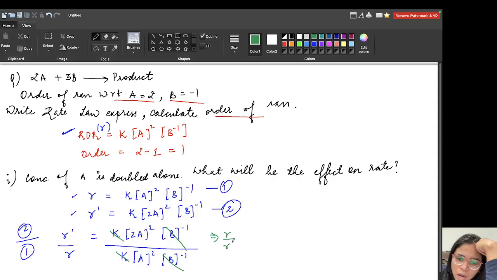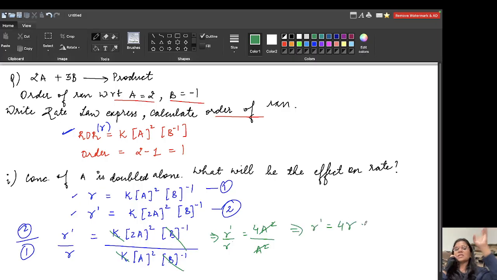So R dash by R will be equal to 4A square by A square. A square and A square get cancelled. Sorry, this is R dash by R, right? So R dash by R will be equal to 4.